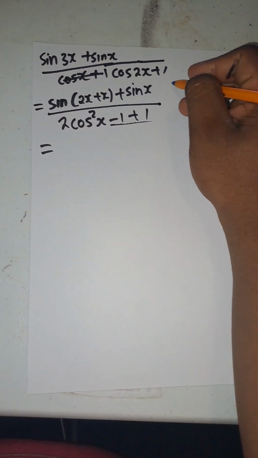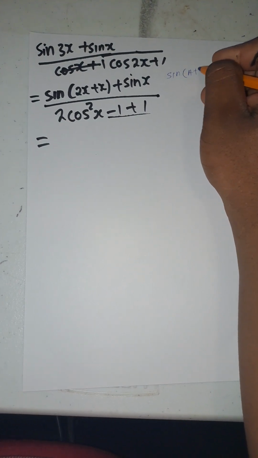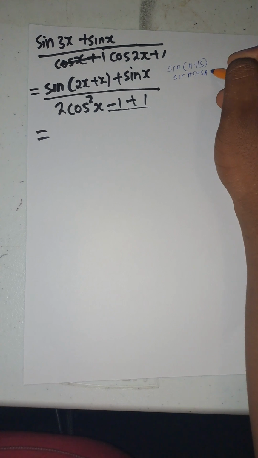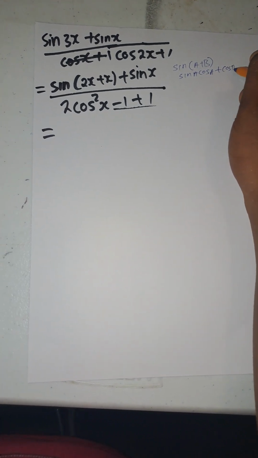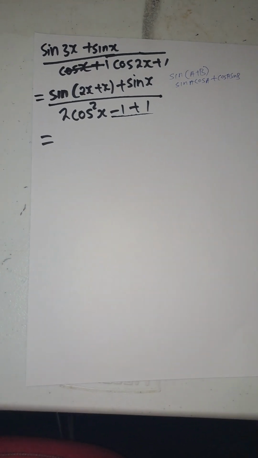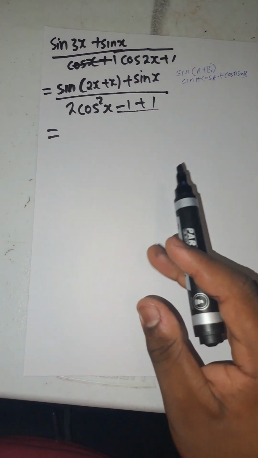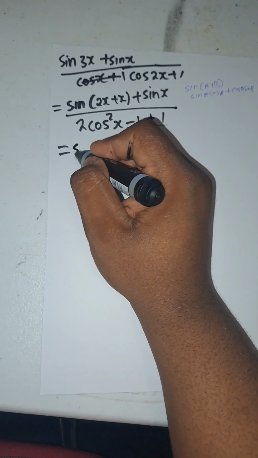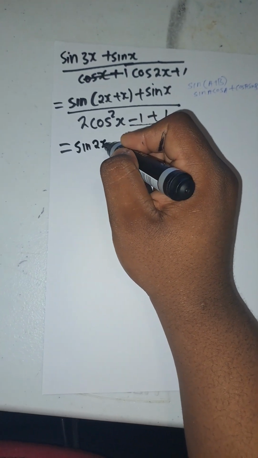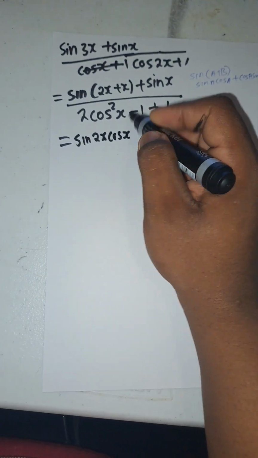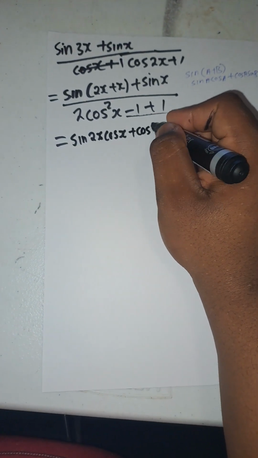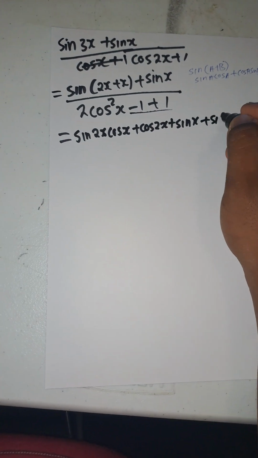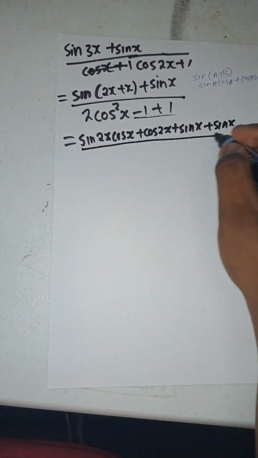Sine of A plus B is sine A cos B plus cos A sine B. Now it is the same thing. So this one is going to be sine 2x cos x plus cos 2x sine x, then plus sine x. Can you see how nice it is?